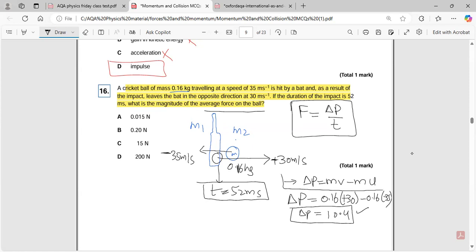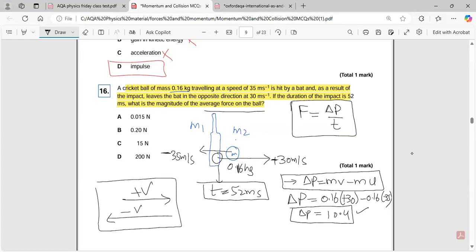You have to take one direction of movement as positive velocity and the other as negative, and put the signs in carefully. Even if the change in momentum answer comes out negative, you can ignore this negative because it is part of direction, not magnitude. So whatever direction of velocity you take as positive or negative, that's completely fine.